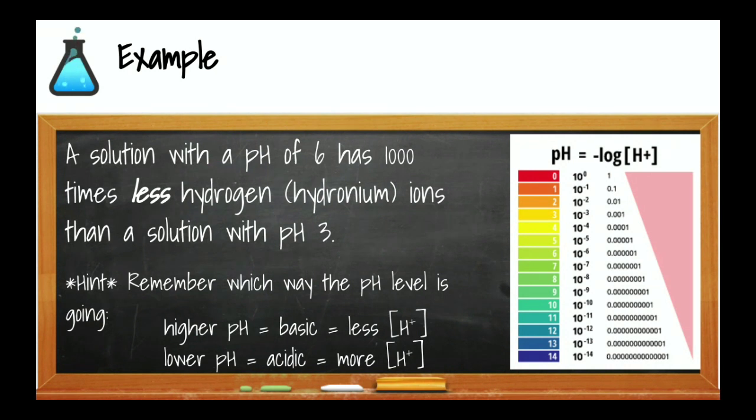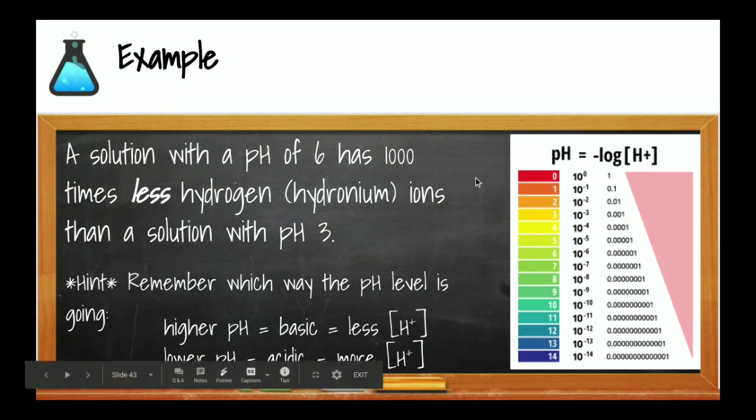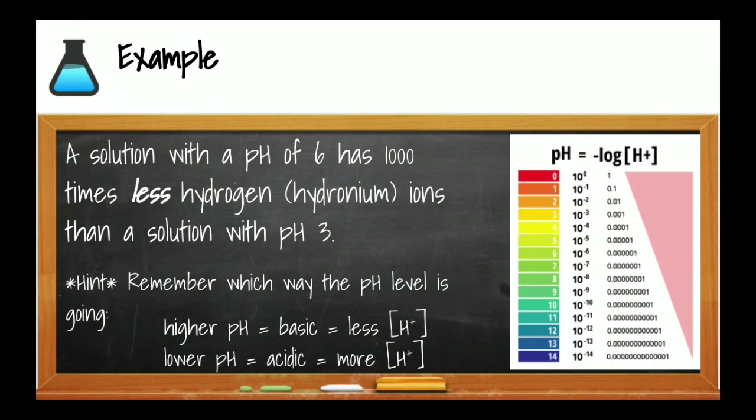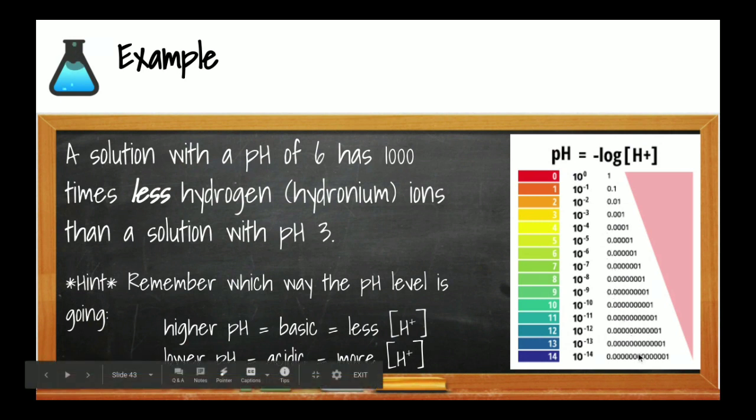So as a review, recall that every change of one in pH is actually a 10-fold, or times 10, change in hydronium ion concentration. As we increase our pH, our hydronium ion concentration gets smaller.